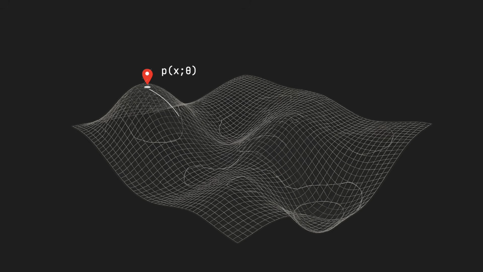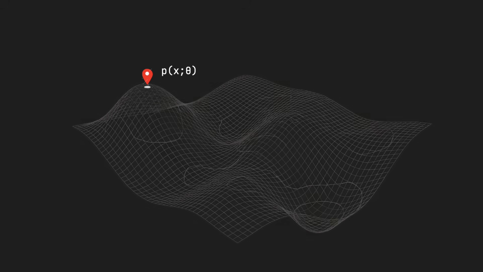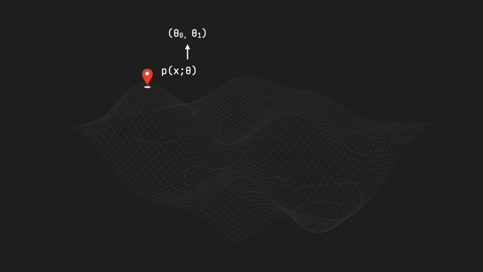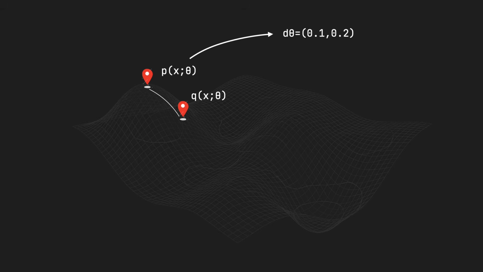As we're training and going through gradient descent, we may reach a stage where our parameters have been updated. So we're at Q. At P, you started off with theta 0 and theta 1. As you trained, you went to Q. Suppose this change could be described by a vector displacement. That's what d theta is.